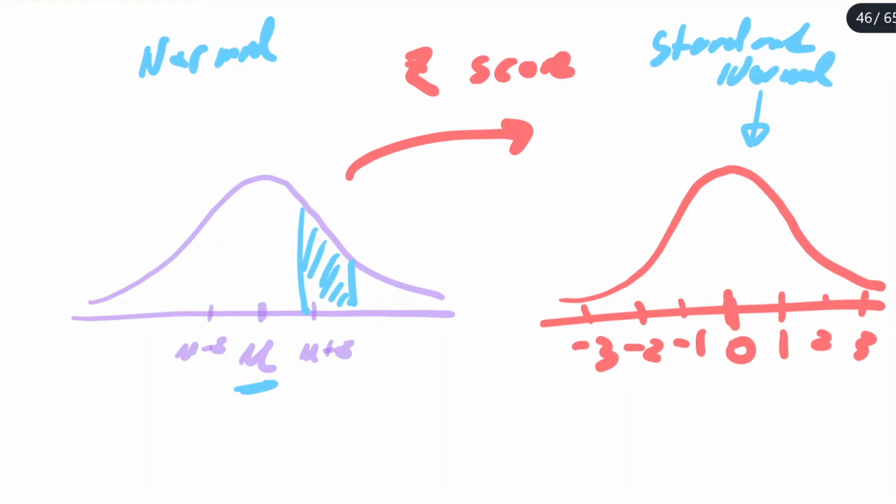And in order to do that, we're finding the z-score, the distance between the data value and the mean, using standard deviation as a measurement. And a standard normal distribution always has a mean of 0 and a standard deviation of 1, as you can see here.